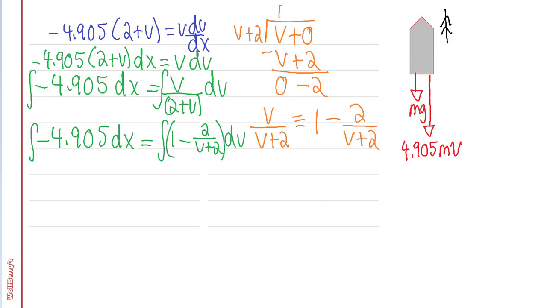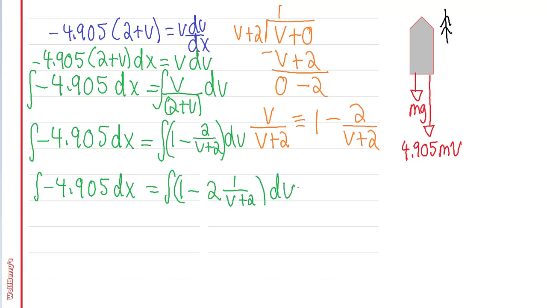So one more step I'm going to write before we integrate, and that is the integration of minus 4.905 dx is equal to the integration of 1 minus, let's take 2 outside, so it becomes 2 multiplied by 1 over v plus 2. It just makes it easier when you integrate, as we'll see in a minute.